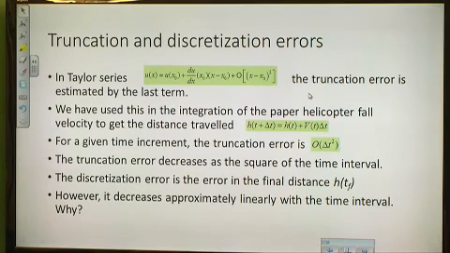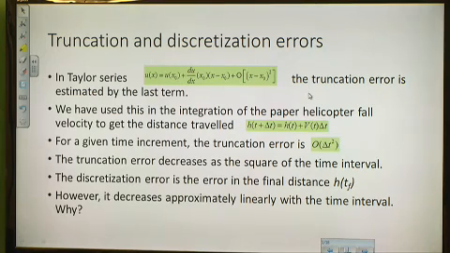Since v is the derivative of h, we just have here the linear approximation. Since this is the same Taylor series, with t instead of x, the truncation error is O of delta t squared. That is, if we take a time interval which is reduced by 50%, we can expect the truncation error to be reduced by a factor of 4.